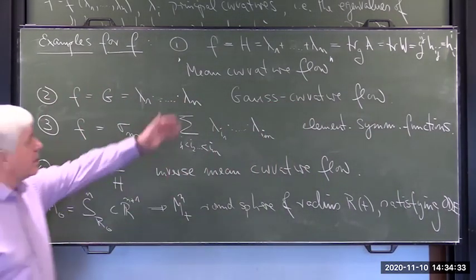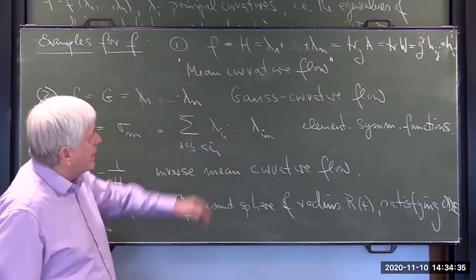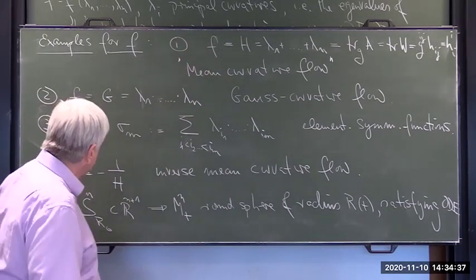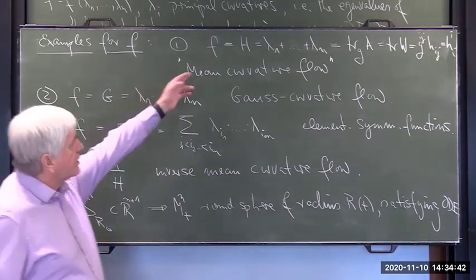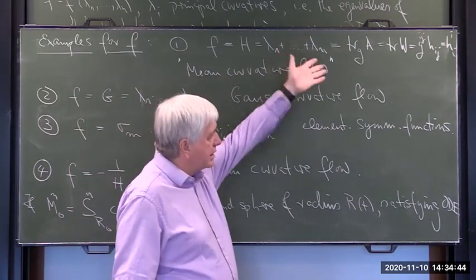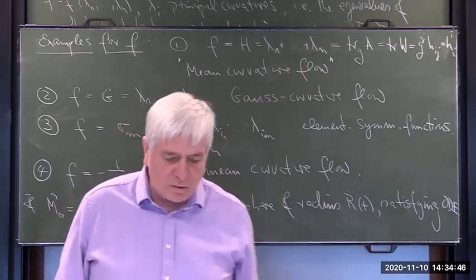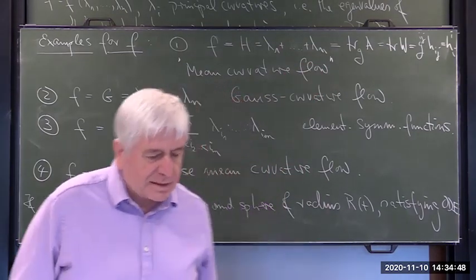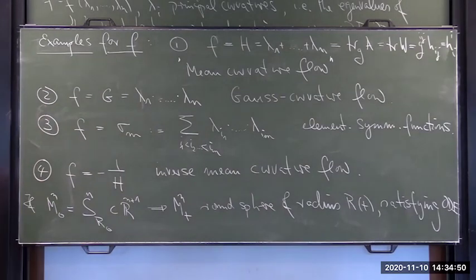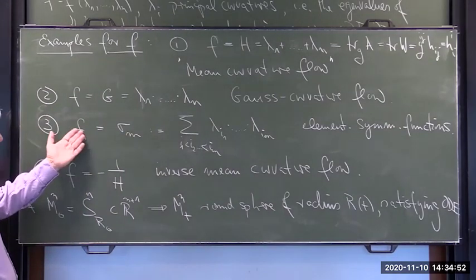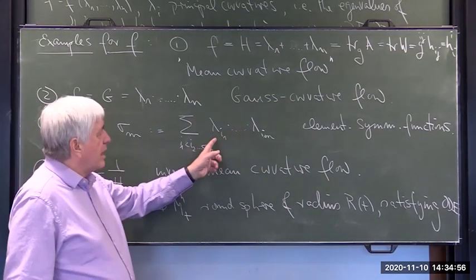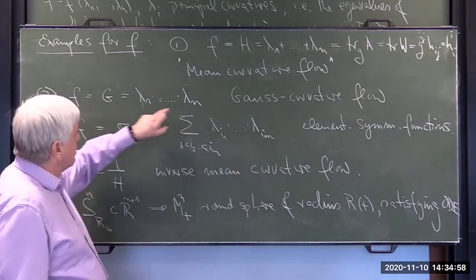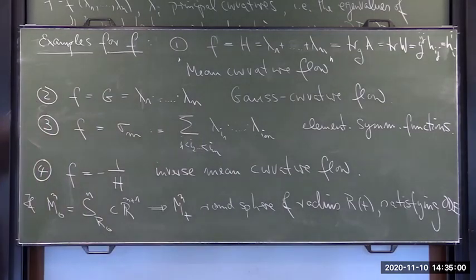So for example, here you would get something like n over r on the right-hand side. d/dt of position is mean curvature, and each principal curvature is 1 over r. So you get d/dt of r is equal to minus n over r, whereas here you get d/dt of r is minus 1 over r, sorry, here, minus 1 over r to the n.